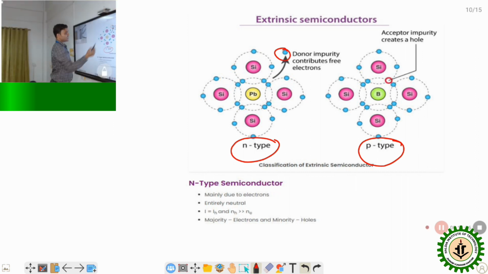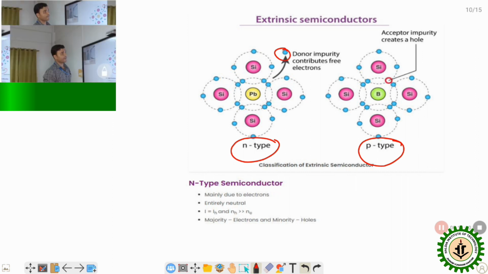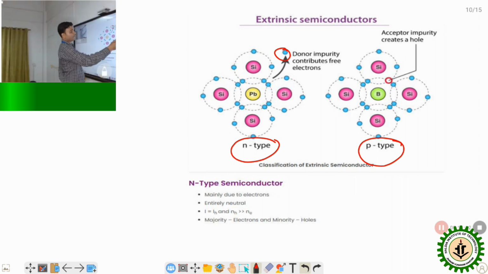So in n-type, the majority carriers are electrons. Whereas for p-type, when silicon is doped with a trivalent atom, boron, aluminium or gallium, a free space is there. Free space means a hole is created. So for p-type, holes are the majority carriers.